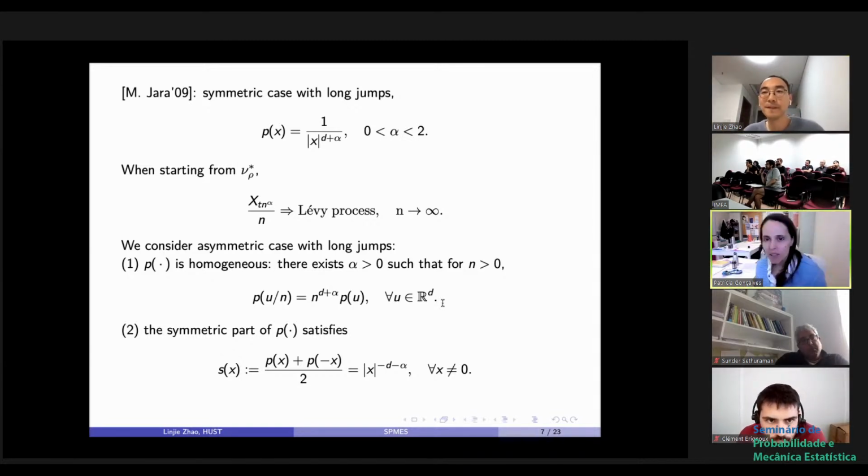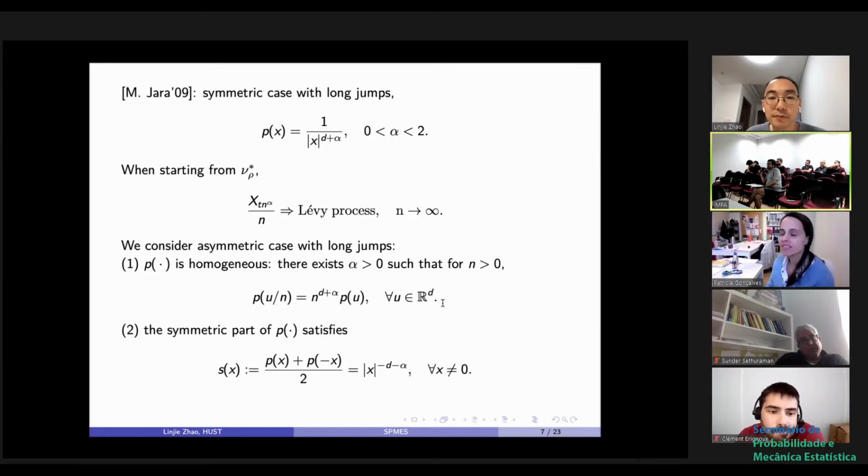So I have a question. I was trying to remember what I did in this paper a long time ago. What is the situation of hydrodynamic limits for this jump rate, the asymmetric jump rates that you are proposing? Because I think in dimension one you need some assumptions.